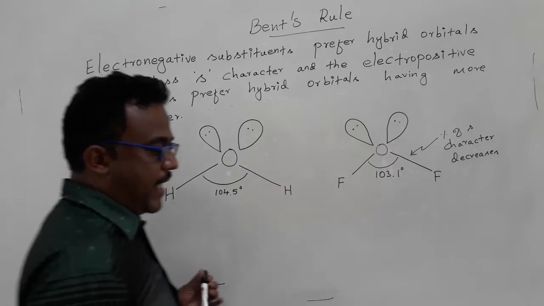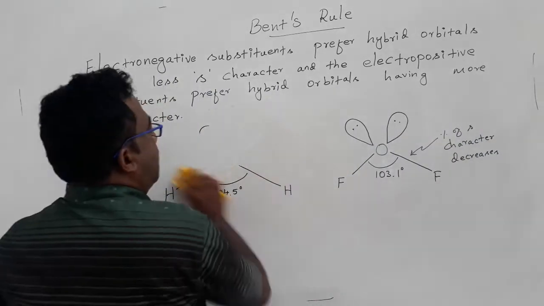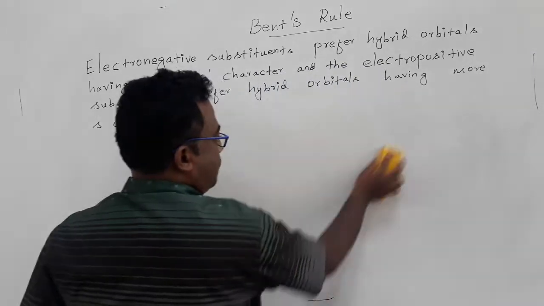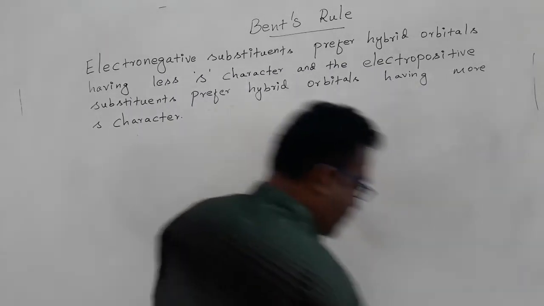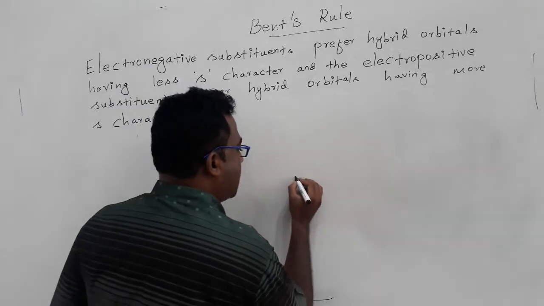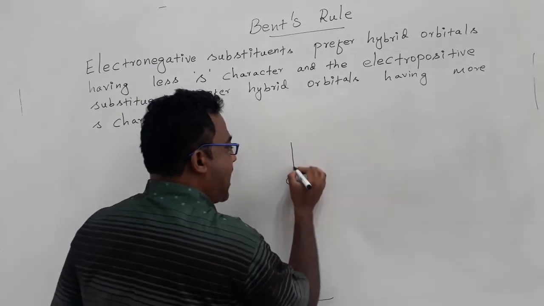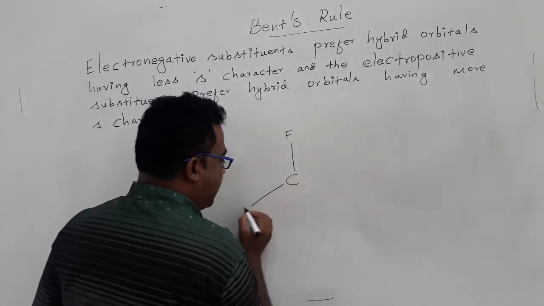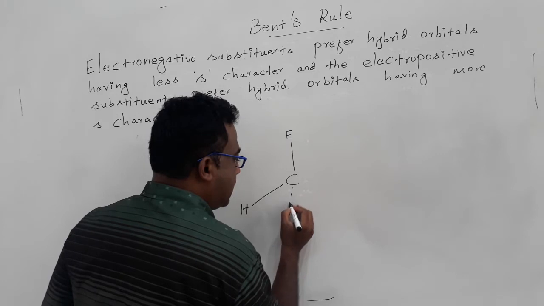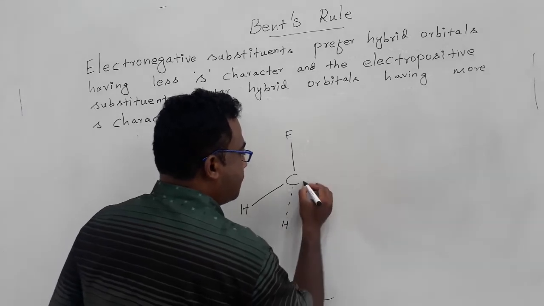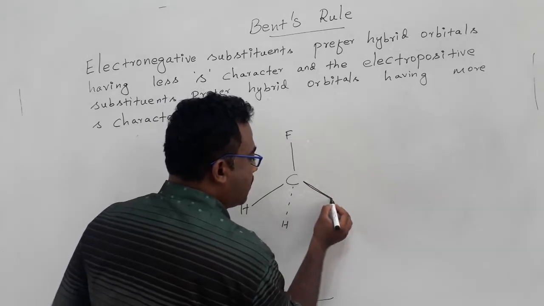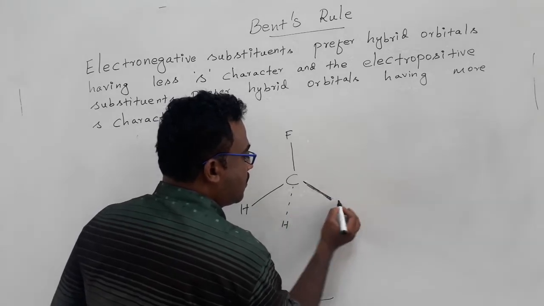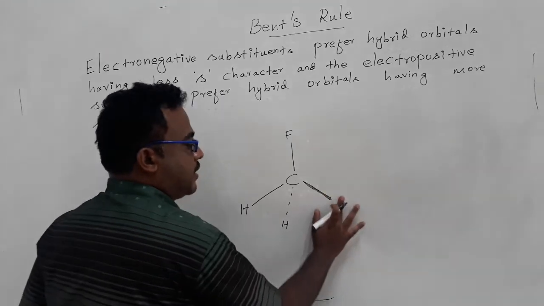Now I have one more example, which is a fluorocarbon. Carbon, again an sp3 hybridized carbon atom, which has one fluorine atom and three hydrogen atoms.